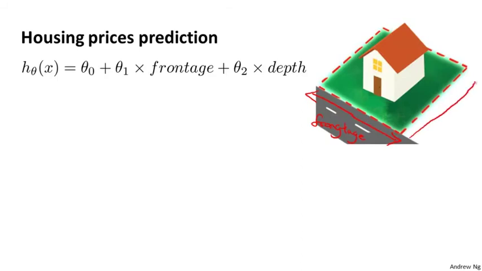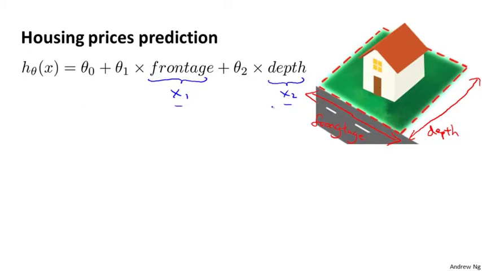And the depth of the house is how deep your property is. So you have two features called frontage and depth. You might build a linear regression model like this, where frontage is your first feature x1 and depth is your second feature x2.